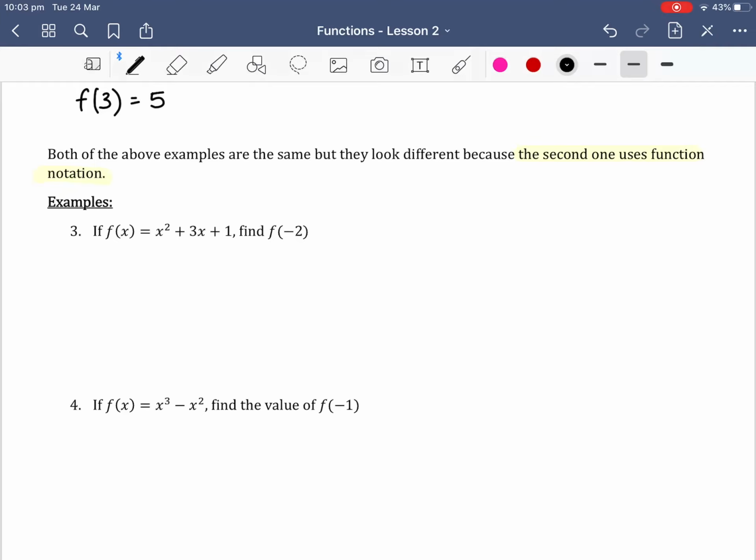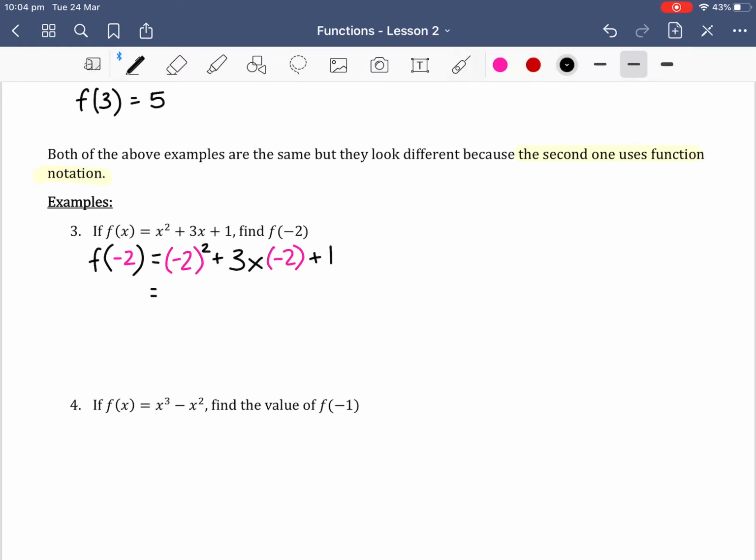If f of x equals x squared plus 3x plus 1, find f of minus 2. So we have f of minus 2, that's the number we're going to sub in for x, equals our minus 2 all squared plus 3 times our minus 2 plus our 1.